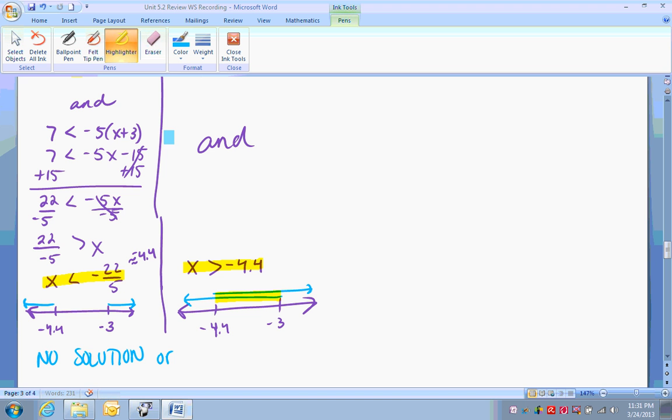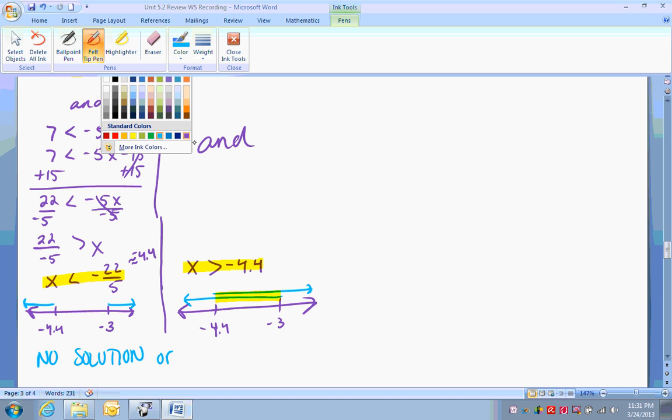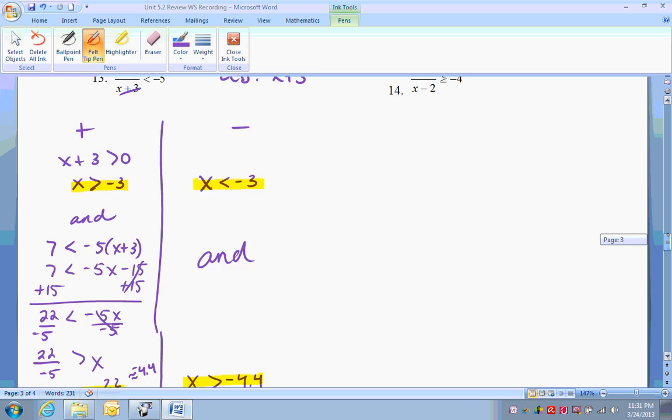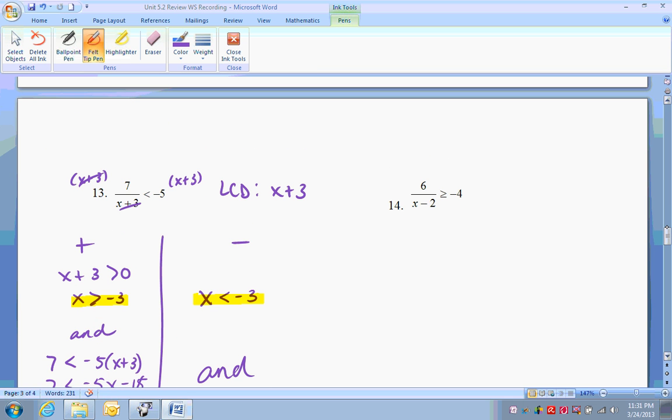So the solution to this side is negative 4.4 must be less than x, which must be less than negative 3. And if it's no solution or this, we are always going to pick the inequality as our answer. So our answer to the inequality in problem 13 is negative 4.4 must be less than x, which must be less than negative 3. Okay, so let's do our last inequality problem.